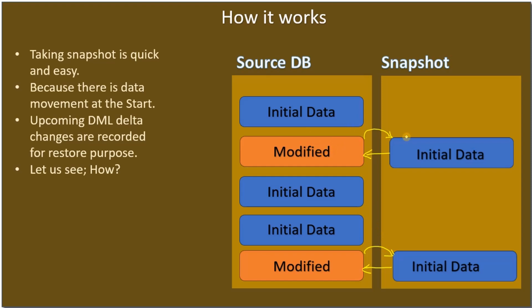Whenever you modify, it needs to preserve the original content in the snapshot, and if there are multiple snapshots, such movement occurs to different snapshots, right? So that's how the restore can be performed at later stage. When you ask for restore, it will replace the modified content with the initial content. That way the database will be restored.